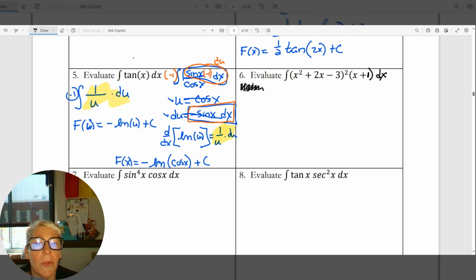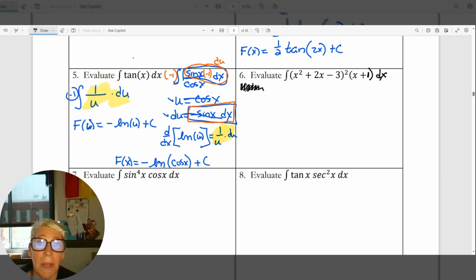Okay, we want to evaluate the antiderivative of all of this squared times x plus 1. So we have three functions here. We have the base of the quadratic, x squared plus 2x minus 3. We have the power function, that base is being squared.